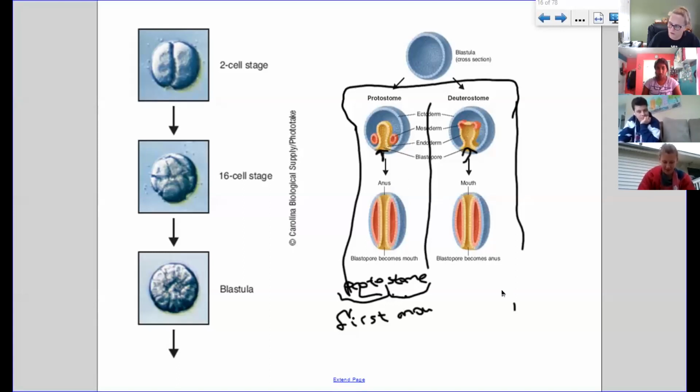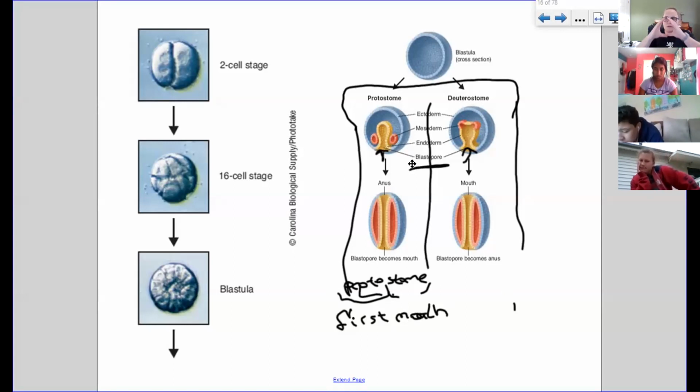Yeah, okay. So my very messy handwriting down here. Proto means first, and stome means mouth. So what this is saying is that area where it starts to indent, this area right here, which is called the blastopore. In protostomes, when it starts to indent right where my fingers are, not my thumbs, see how I'm indenting?